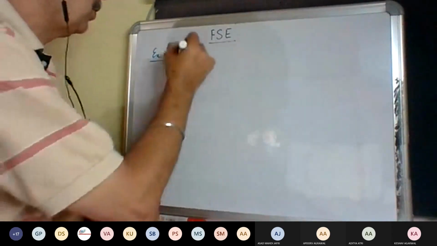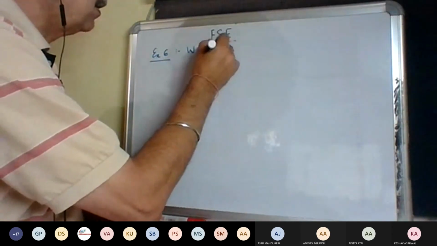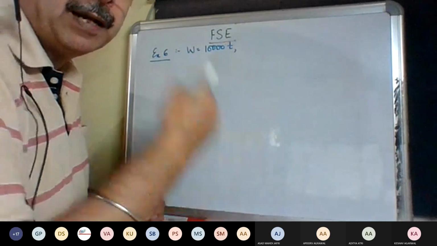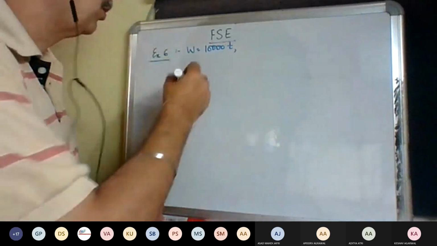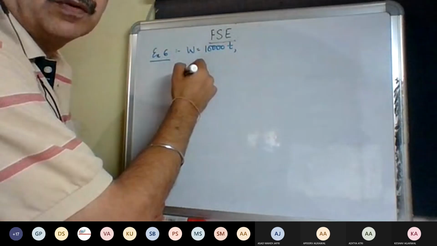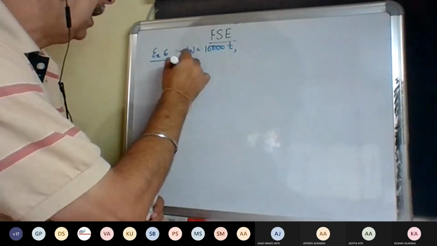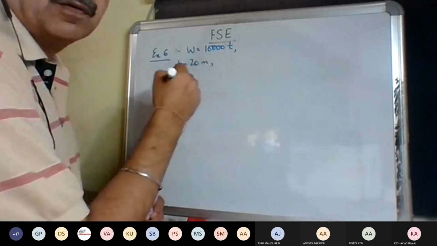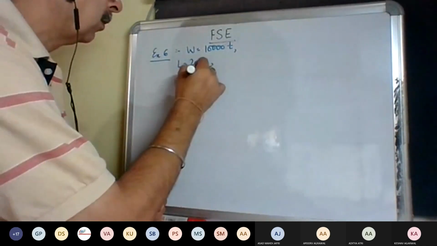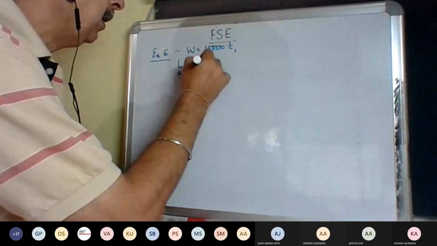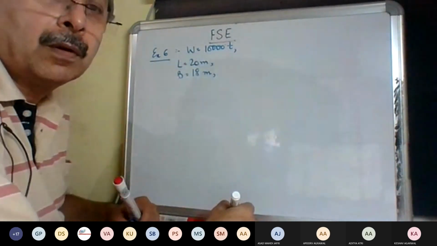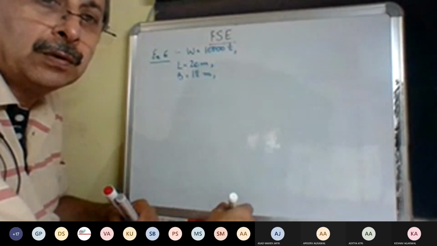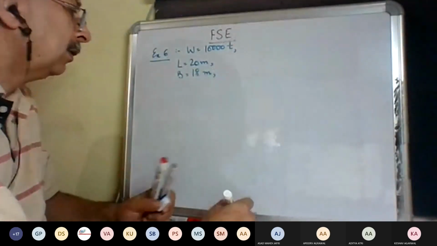Ship of displacement 10,000 tons. Number 3 DB tank is partly full of salt water. So slack tank. Length 20 meters. Breadth 18 meters. Calculate the FSC. So this is very simple to calculate.